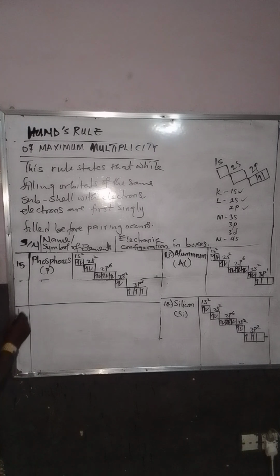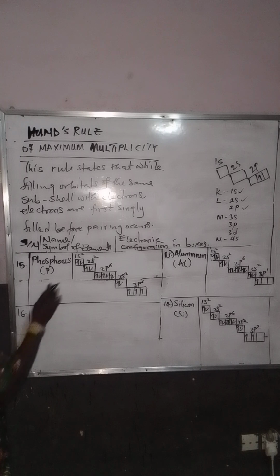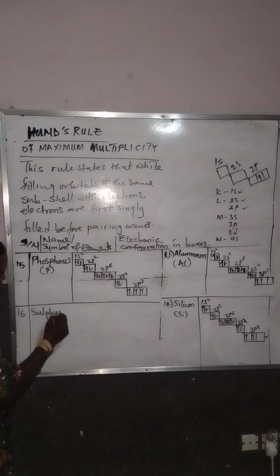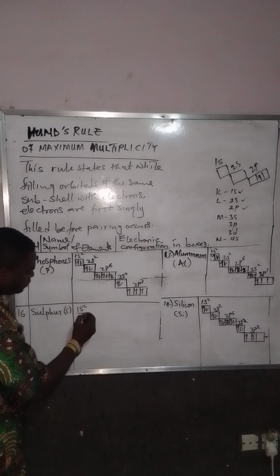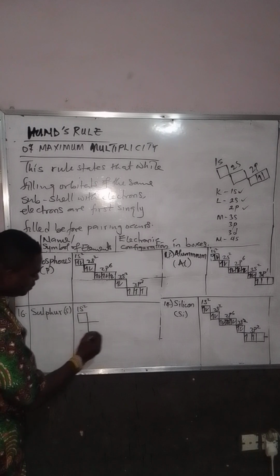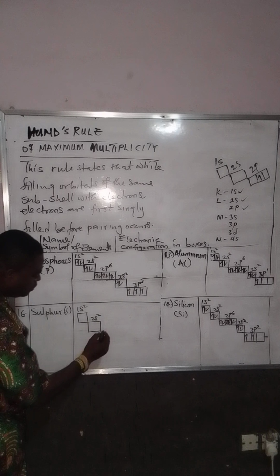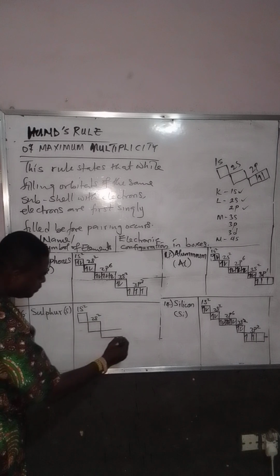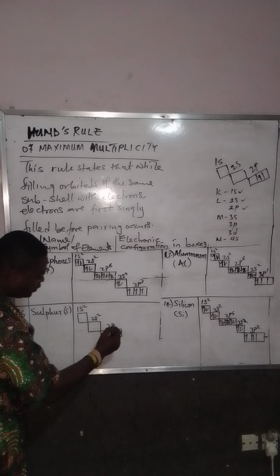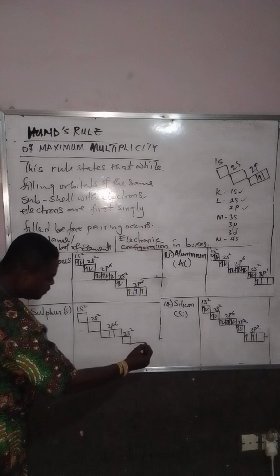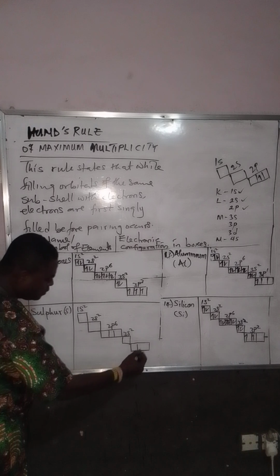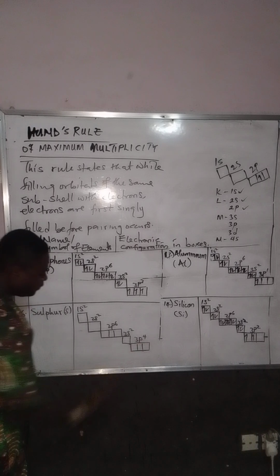So next one is number 16. That's sulfur, S. So this one is going to be 1s2, 2s2, 2p6, 3s2, 3p4.